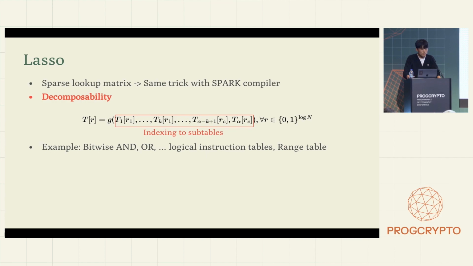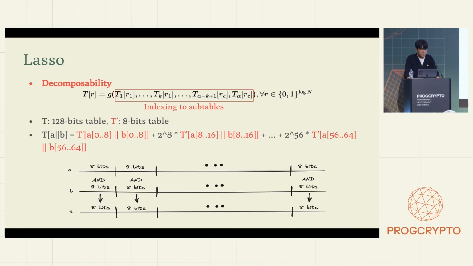Decomposability of the lookup table can be expressed in this equation. So let's see what this means. For example, let's imagine there is a 128-bit table, which is very, very large, and it is for indexing two 64-bit elements.